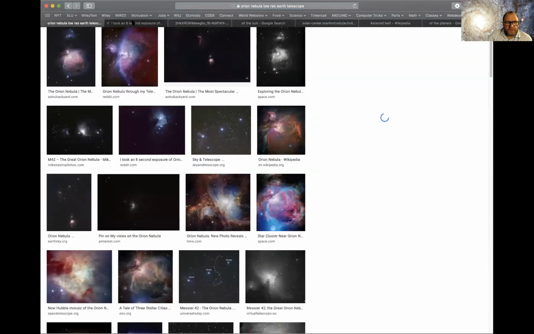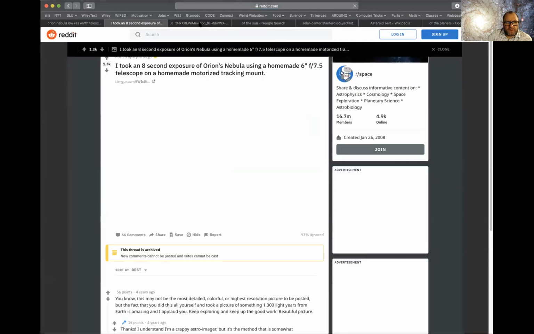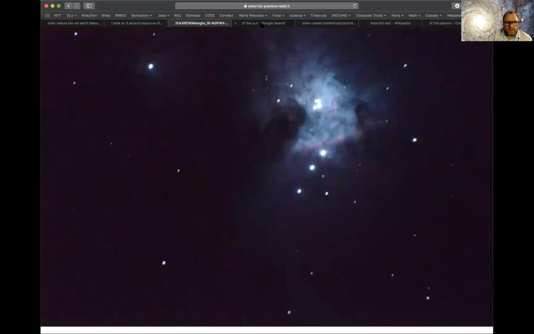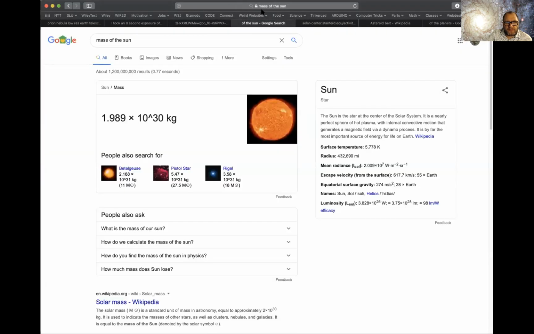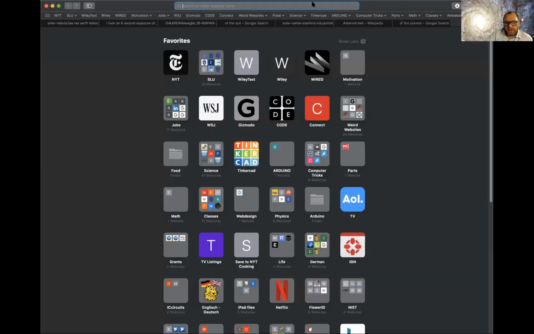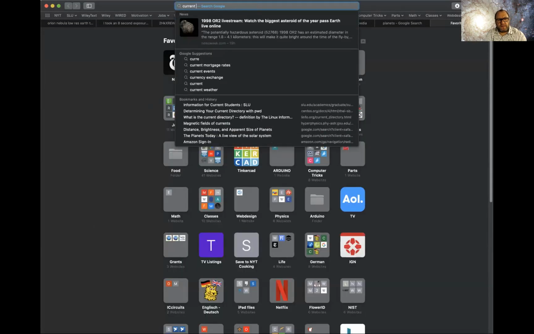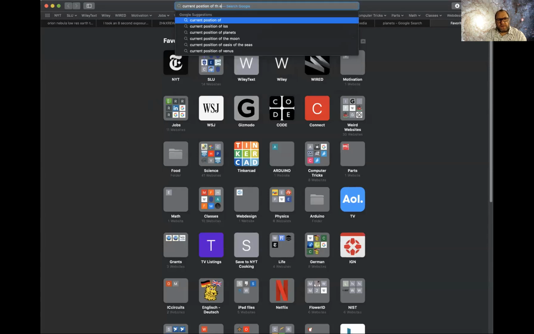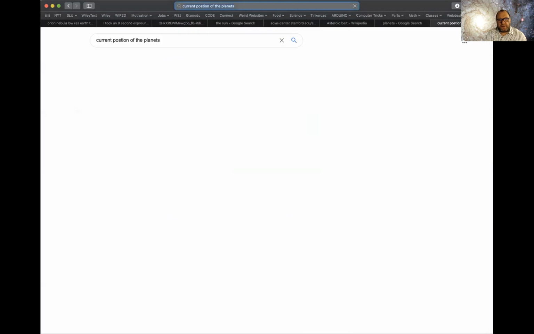I have a cool picture of the current position of the planets in our solar system.